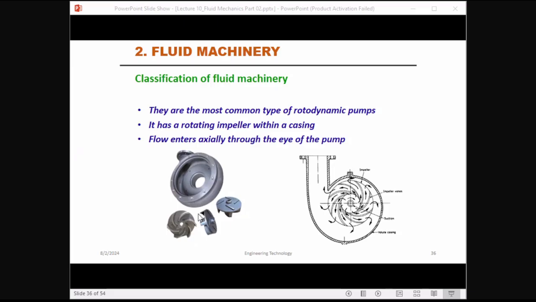The design of the impeller includes the number and shape of its blades. Here you can see the number of blades and the shape of the blades.